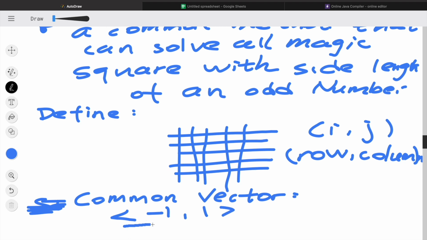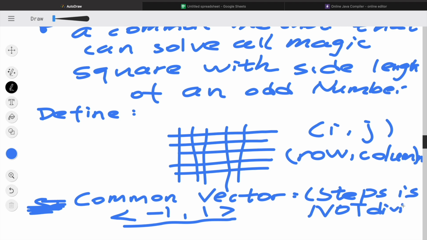This is the vector that we are going to use when the step number is not divisible by the side length of the magic square.